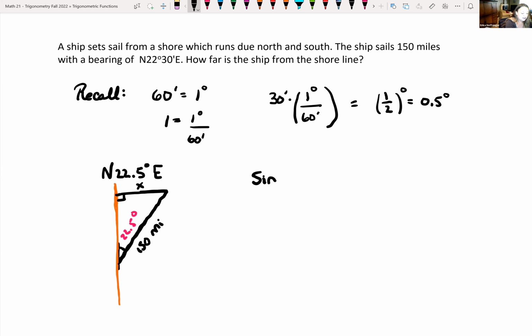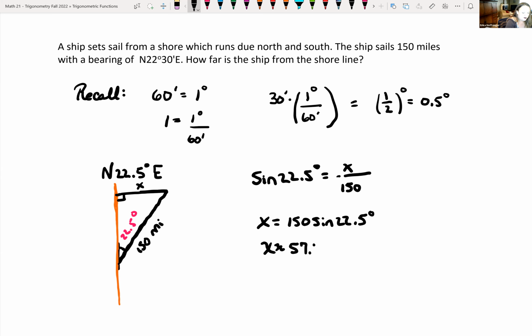So sine of 22.5 degrees is equal to the opposite, which is X, all over hypotenuse, which is 150. So X equals 150 sine of 22.5 degrees. So that gives us approximately 57.4 miles away from the shore.